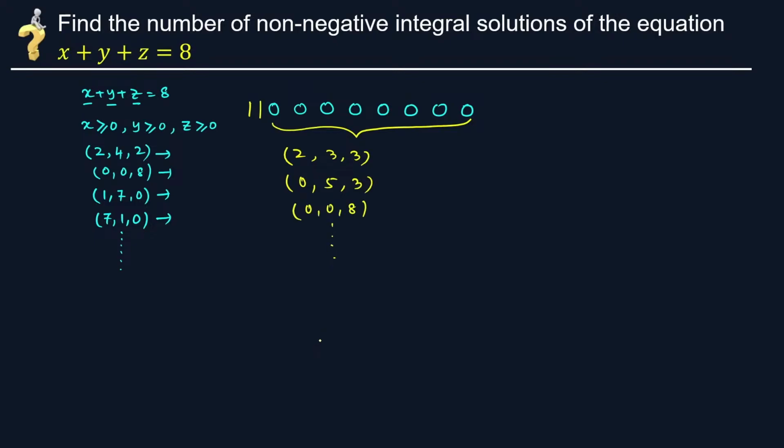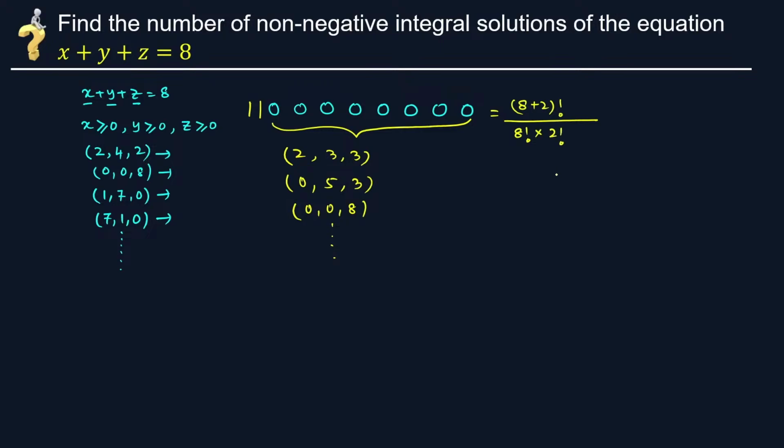So it is the same question with a different topping, the same ice cream with a different topping. There are 8 identical objects, and there are 2 separators. So the total number of ways in which these 8 identical objects and these 2 identical separators can arrange among themselves is (8+2)! divided by 8!, because the 8 objects are identical, and divided by 2!, because the two separators are identical.